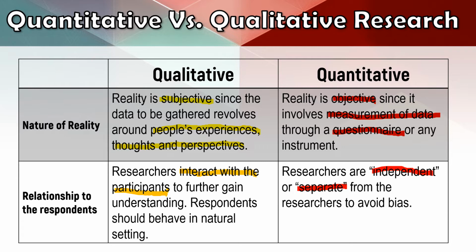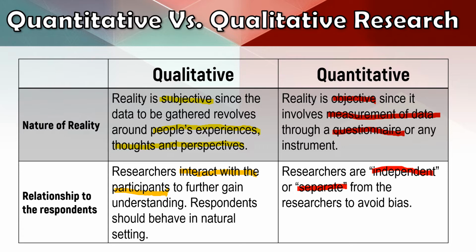So, for example, if I am a quantitative researcher, I will only be giving the survey to the respondents. That's all. And the respondents will be the one to interact with the survey, not me. The only thing that the respondents are interacting with is the survey because that is where my questions are.